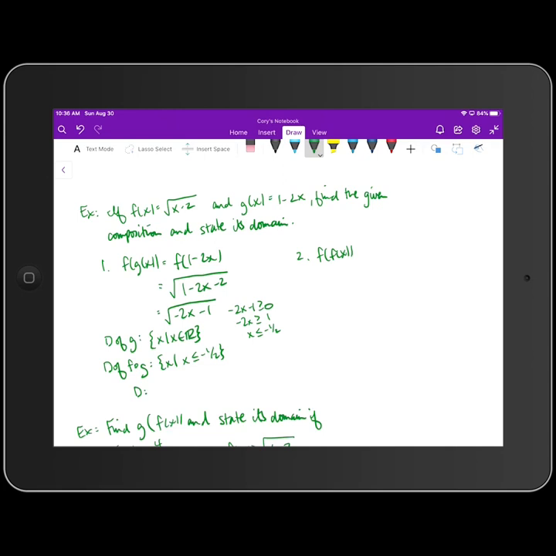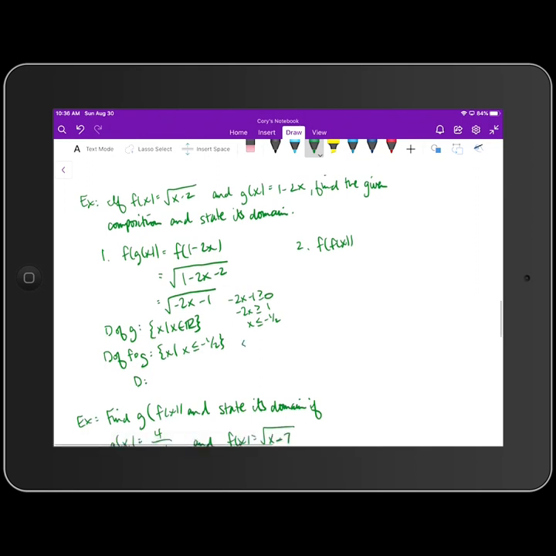So if we want to calculate our domain here, again, we want to look for the overlap, like what those two sets have in common, or the more restrictive of the two sets. And if you can't tell just by looking at both sets, you can graph both solutions. So x is a real number is going to look like that. X is less than or equal to negative 1/2 would look like this.